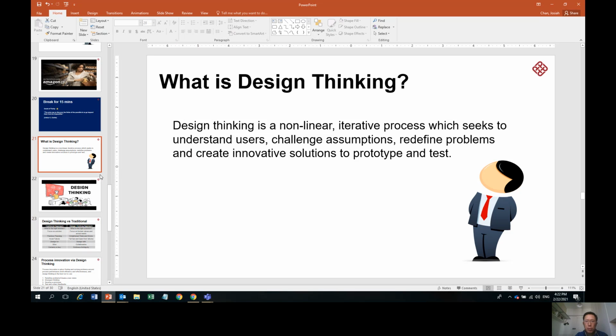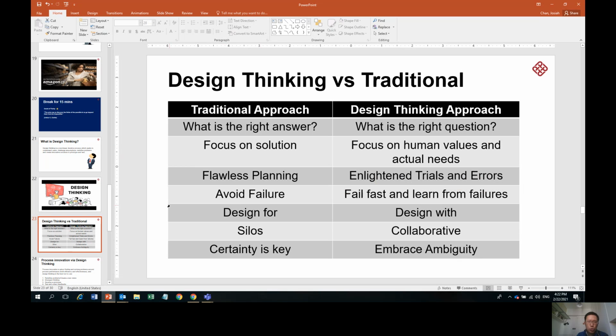That is what it means from the definitions before: to challenge the assumptions, to understand from the users, to try to verify what the right questions are.